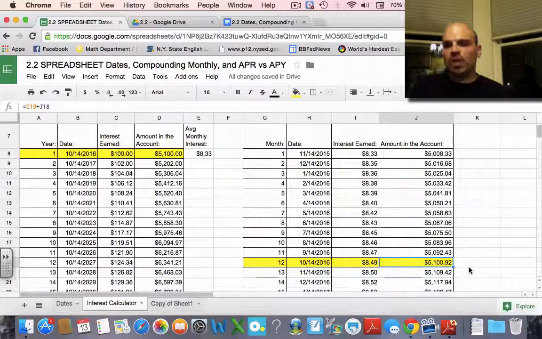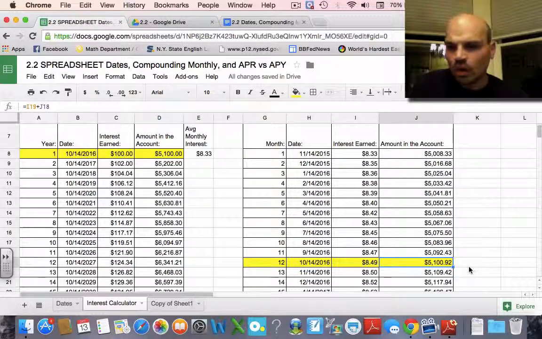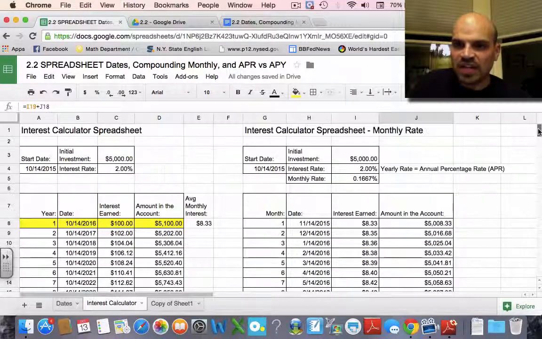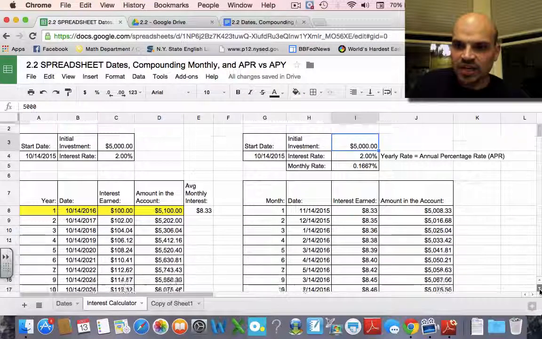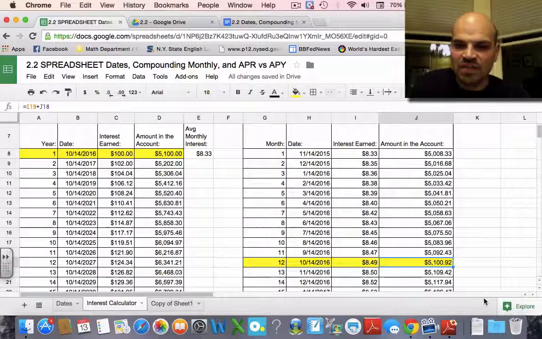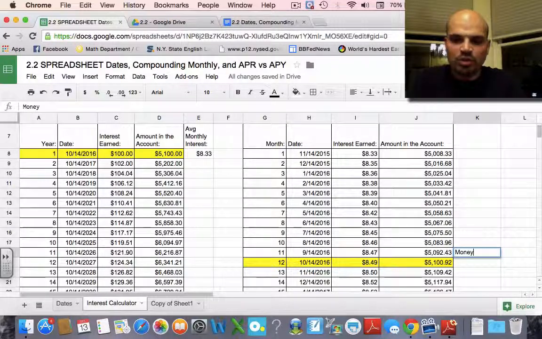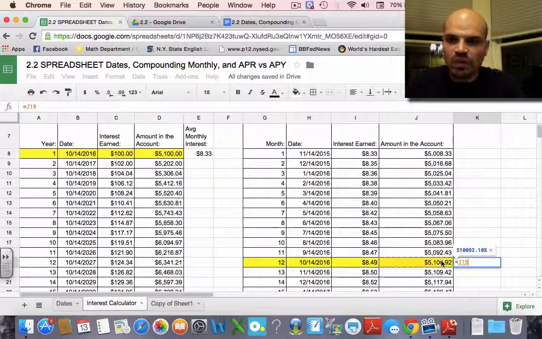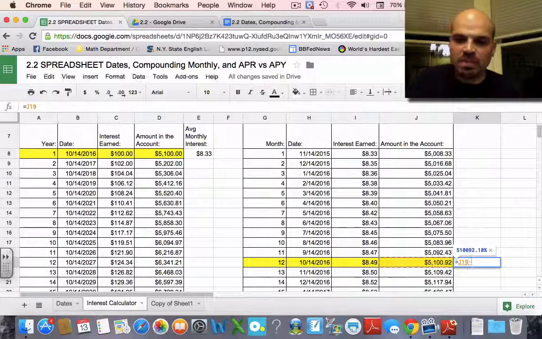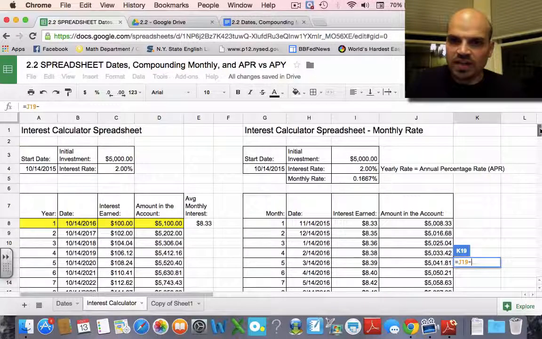So one question you might want to ask yourself is, well, okay, I started with $5,000, and in a year's time here, I made $5,100.92. I might want to ask myself, what percentage did I actually make? Well, how much money did I make? I made this number, $5,100.92, minus my initial investment, which was $5,000, which is here.